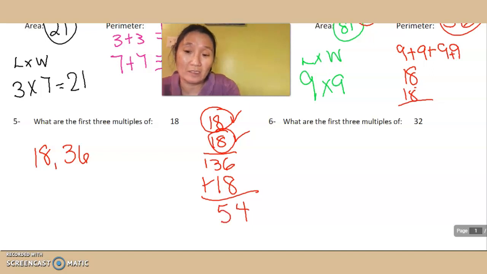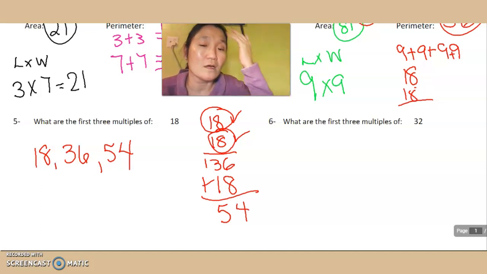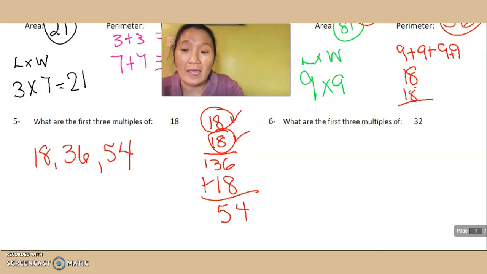So this will be 54. So this is my first 3 skip counts: 18, 36, 54. That's the skip counts. Okay, and then this is 18 times 1, 18 times 2, and 18 times 3.